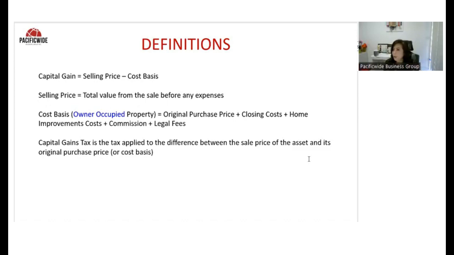Back then you purchased for 500,000 plus 5,000 closing costs. There's no home improvement cost because you didn't really extend the home. You didn't do anything to improve the home value except replacing the carpet and making the restroom nicer. That's not home improvement cost.